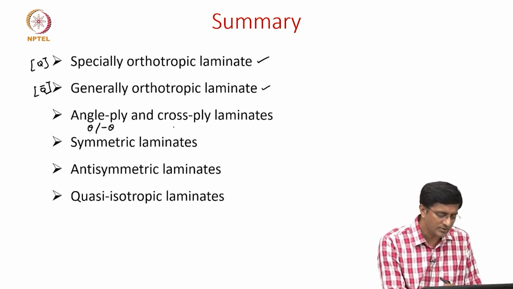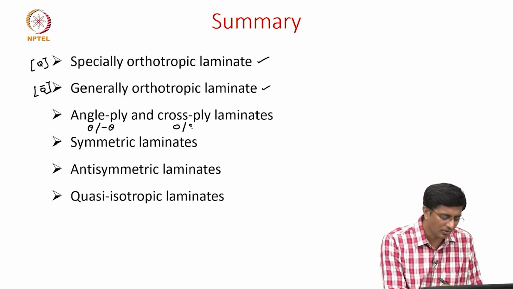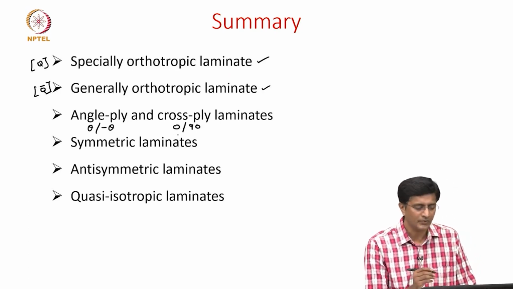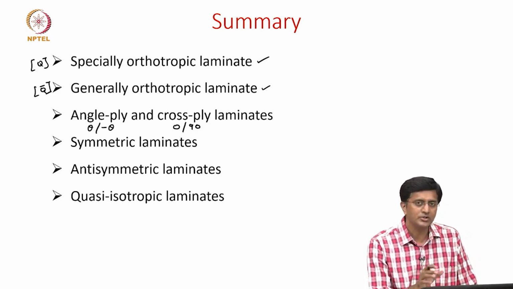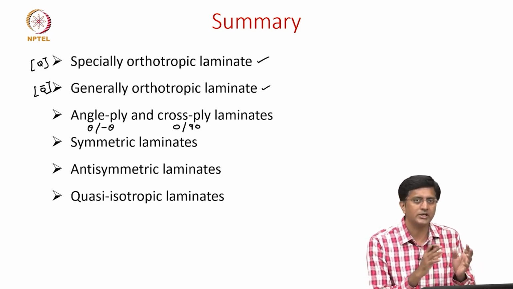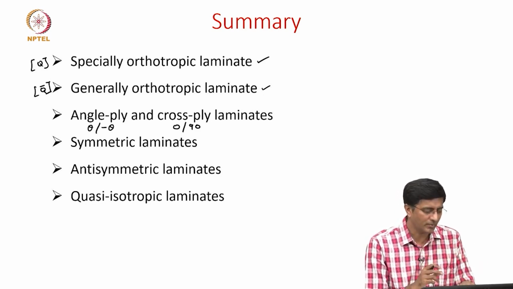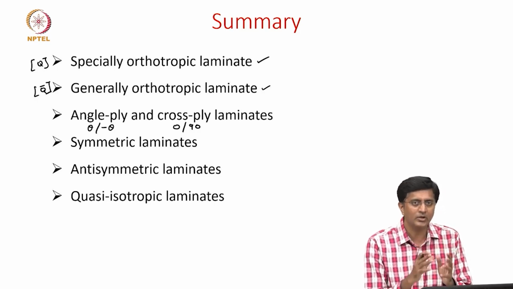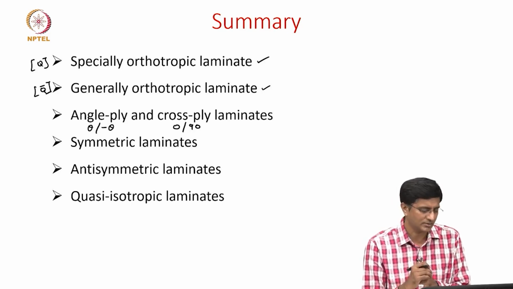For cross-ply, we said the angles are either 0 or 90. Later we also discussed balanced angle-ply and balanced cross-ply laminates, where we said there are an equal number of thetas and minus thetas for balanced angle-ply, and for balanced cross-ply there are an equal number of 0-degree layers and 90-degree layers.